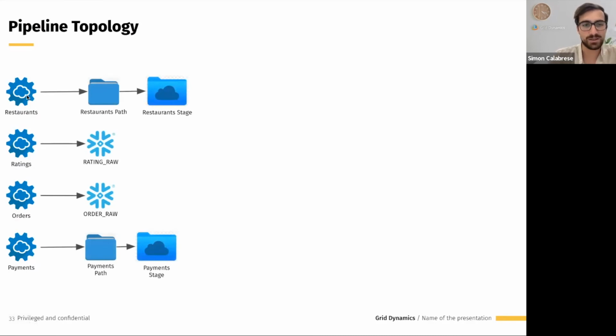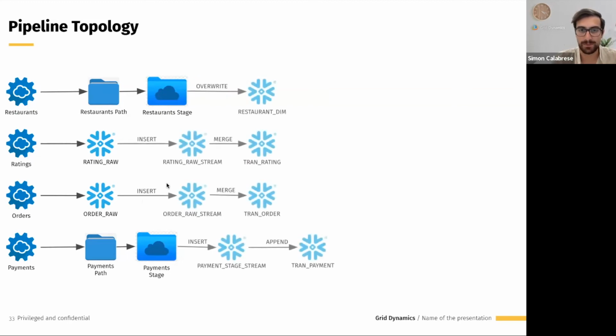And these restaurants land in our local path. We stage them, and the same thing will be with payments. Regarding rating and orders, we directly get the JSON as an API response, and we save it in a table that will contain the raw format of our rating. The same will be for order.